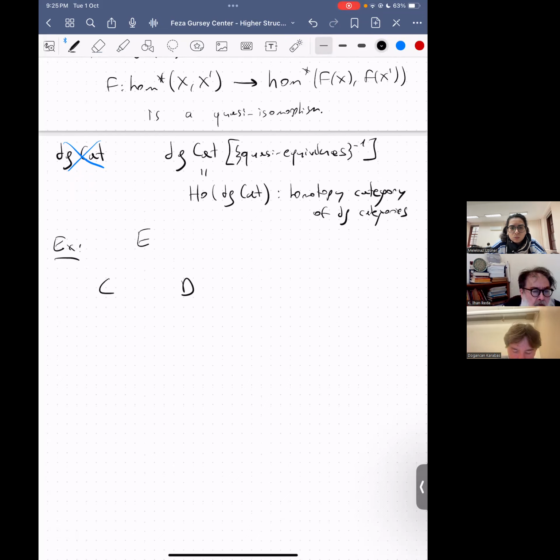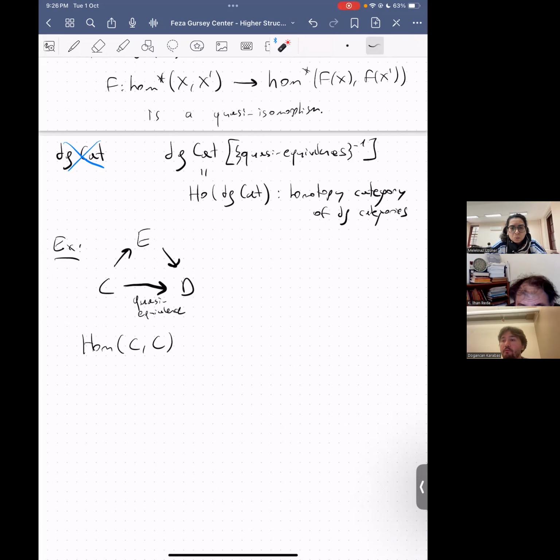And let's say the only DG functors are these. This is the quasi-equivalence, let's say. In such a world, what is Hom from C to C?